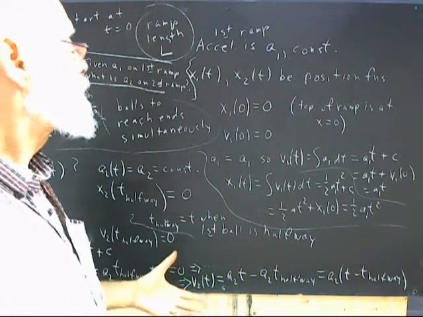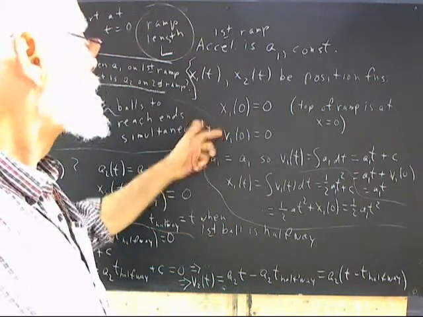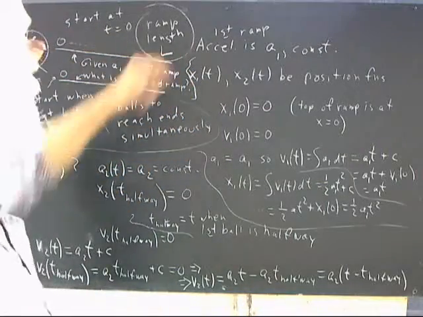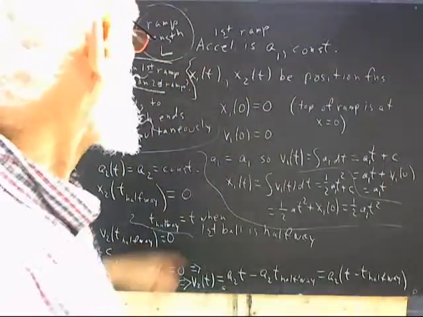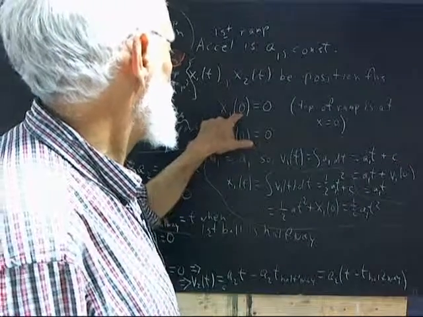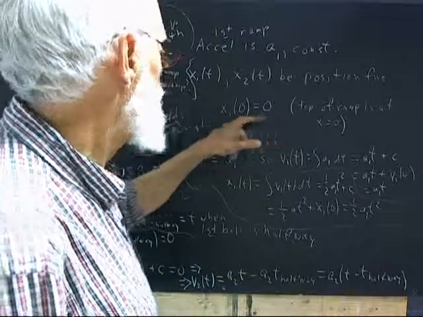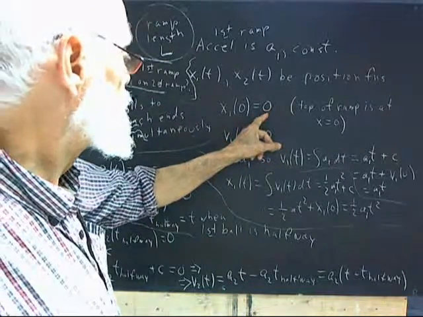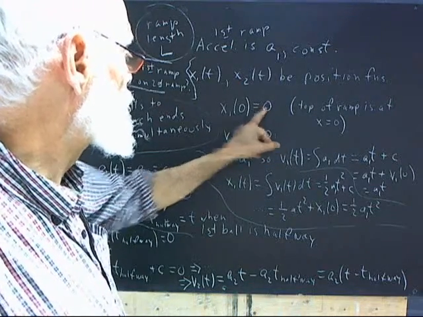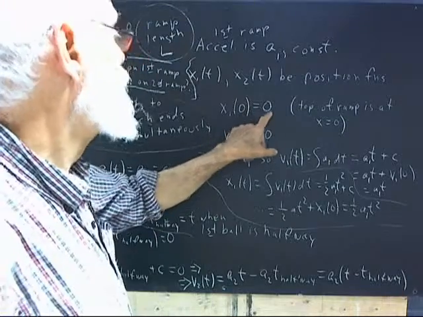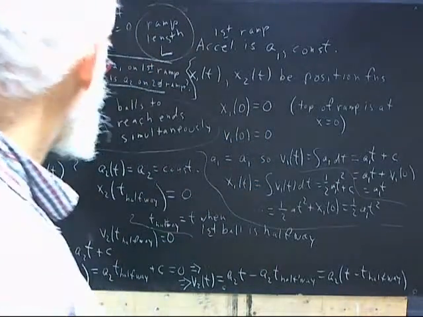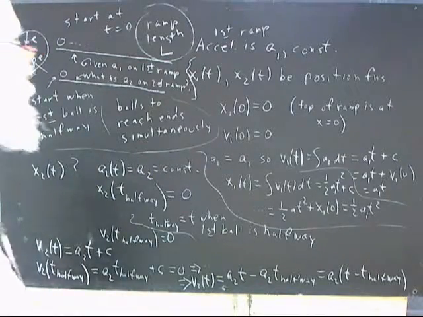So what are our conditions on x1 and on the velocity? What are our conditions on the motion of the first ball, in other words? Well, the first ball is released at time t equals 0 from the top end of the ramp, which is implicitly then the position x equals 0. So x1 of 0 is 0. v1 of 0, the ball is released from rest.